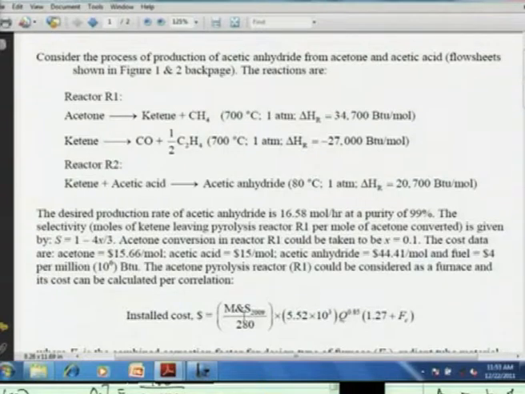the cost correlation is installed cost in dollars equals M&S 2009 divided by 280. Now, these are the cost indexes. When the cost correlation was proposed, the index was 280. Now, in 2009, the Marshall and Swift index is given to be 1400.